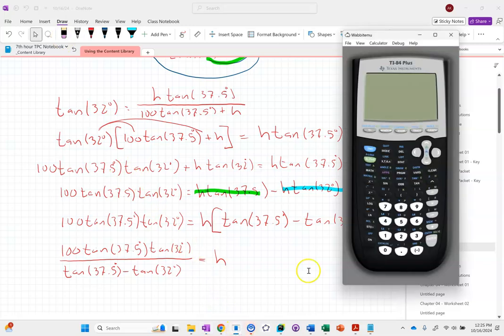All right, now that I've got the h by itself, I can go to my calculator here. I really want to make sure I use that horizontal fraction bar because this thing is like a nightmare to get in your calculator correctly without it.